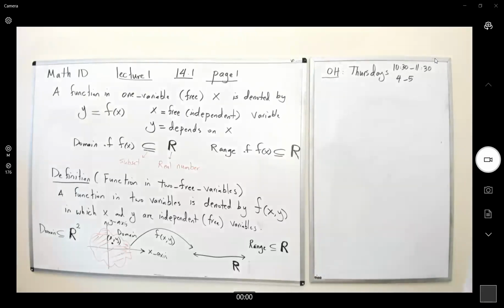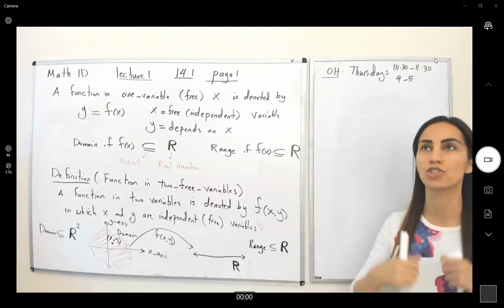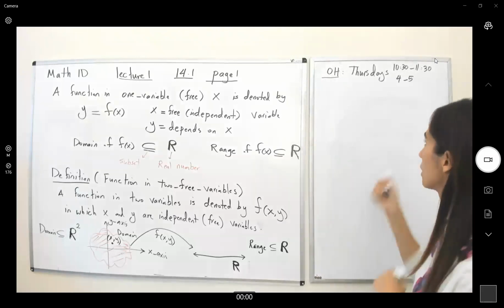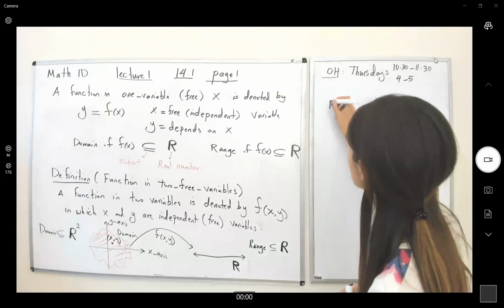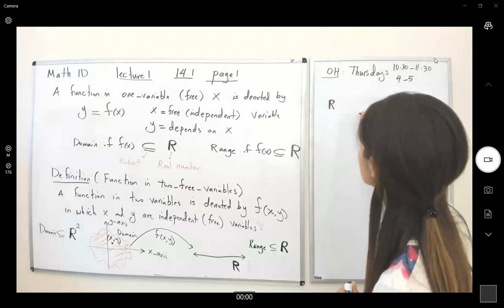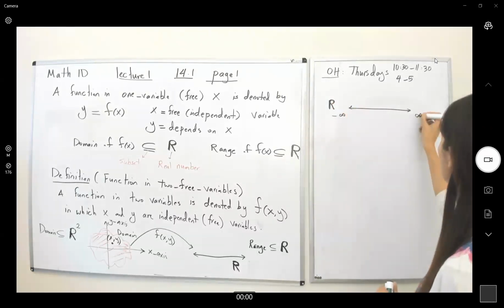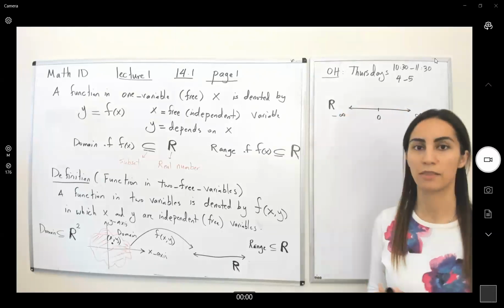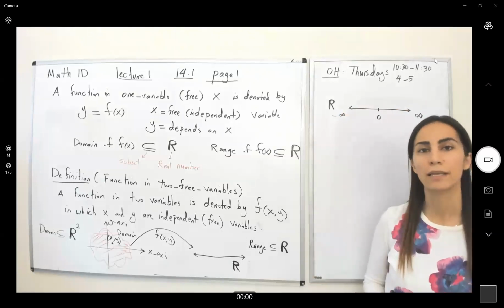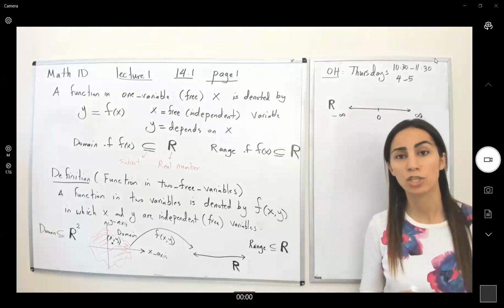So in math, we are always interested in generalizing the idea. This is R, which is either the x-axis or y-axis. You have negative infinity to positive infinity, 0 is in the middle. Then we say that this is just a one-dimensional thing.